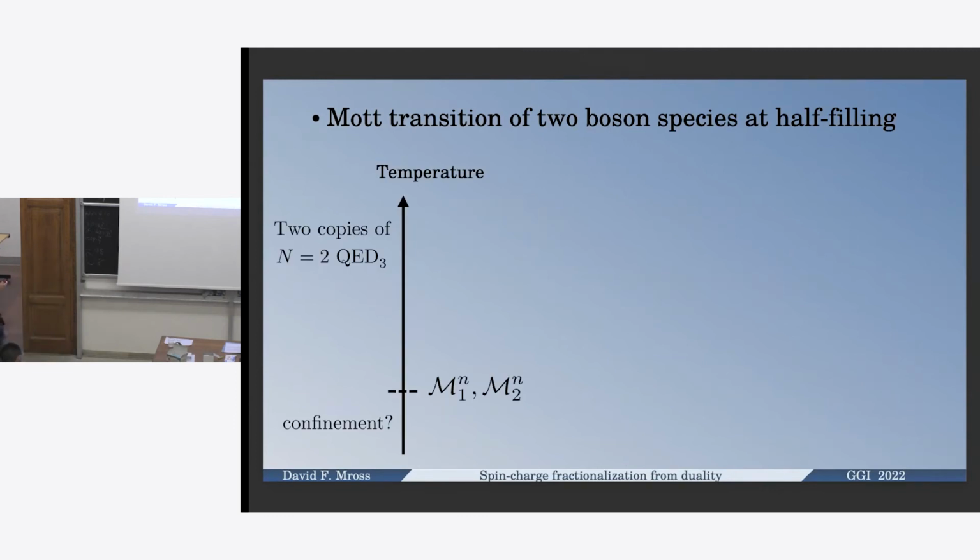Specifically, this transition appears to be some bosonic QED3 with 2 flavors, except that there are monopoles, and depending on this number here, which depends on the symmetries, they are probably confined. So there's some range which may be described by the theory, and eventually the ultimate fate may still be confined.